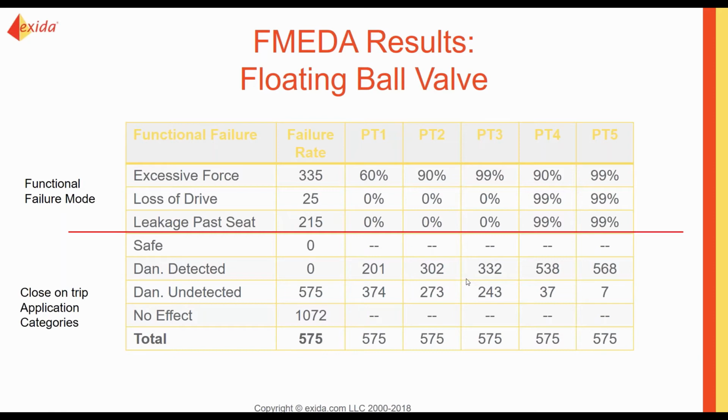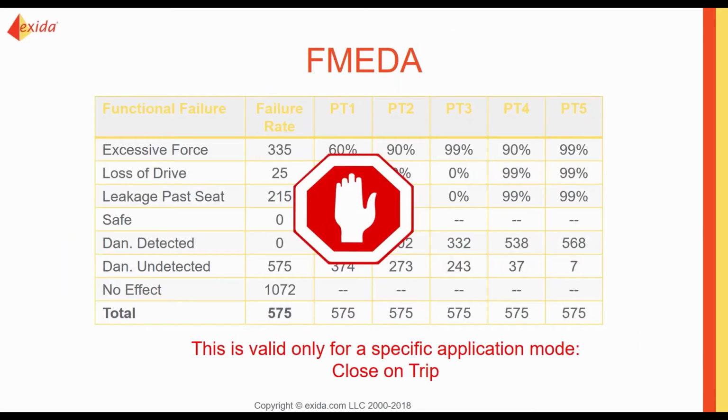So that's also important. This is just an example. This was a close-on trip application. These numbers aren't applicable to tight shutoff or fail open, because each of those has a different distribution of those failure modes.